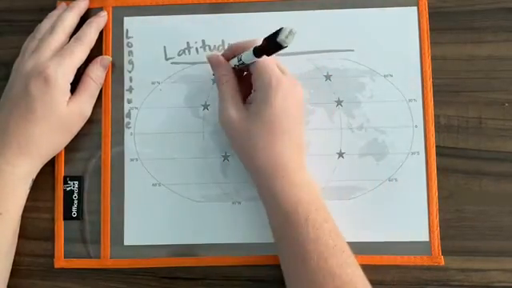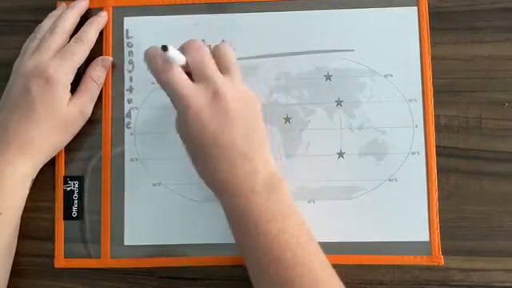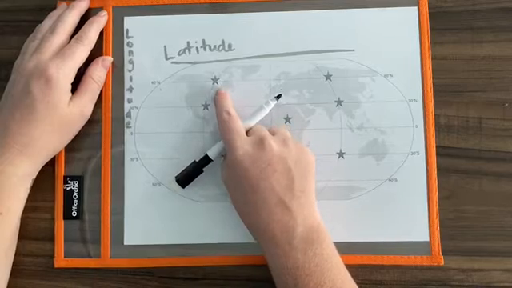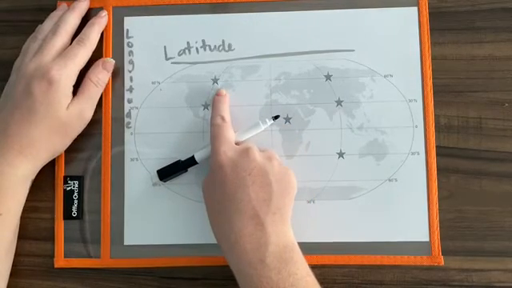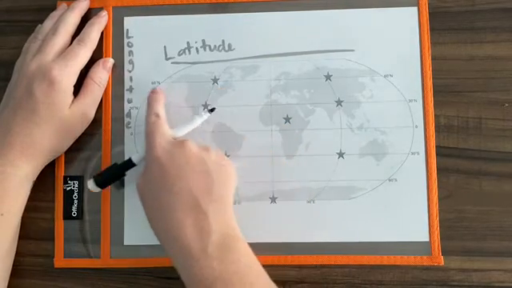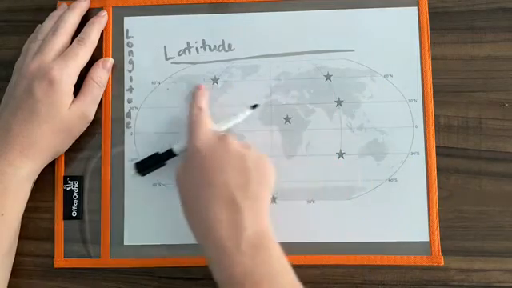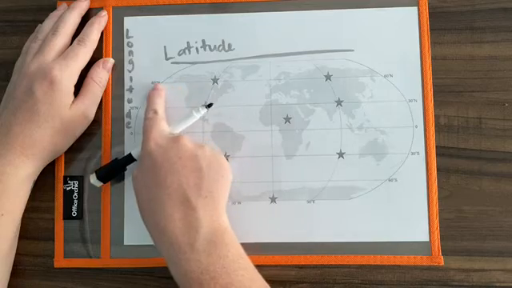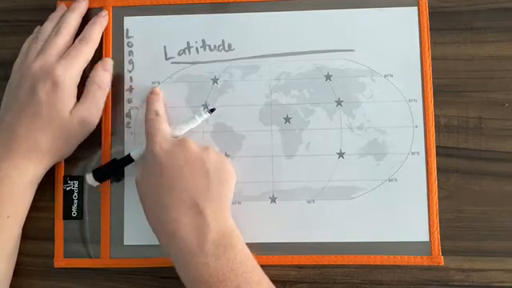So let's start right here. Okay? I'm going to erase so we can write around it. We're going to start right here with this star. So how we're going to tell where this star is by looking at the lines. The first line we see, if we follow it back, is 60 degrees north.